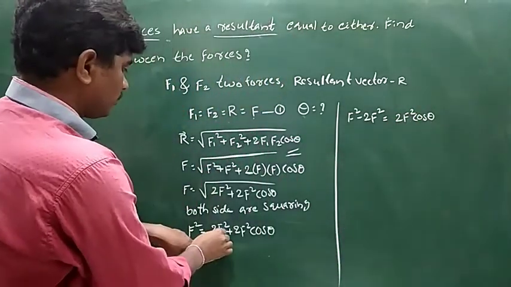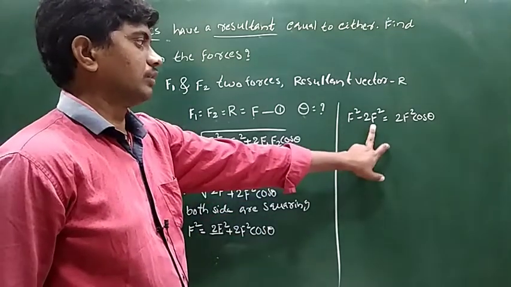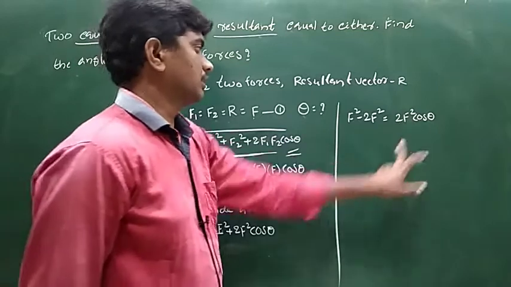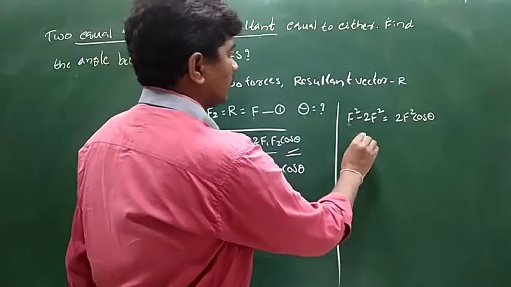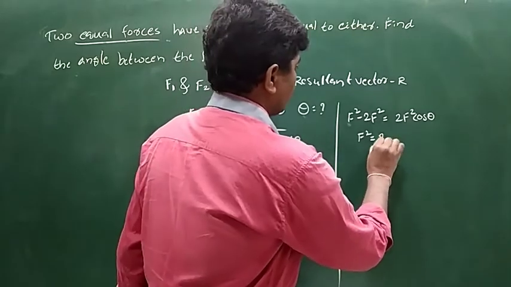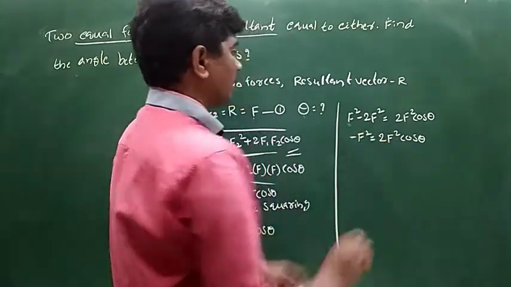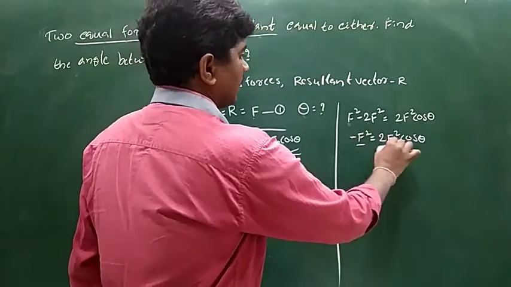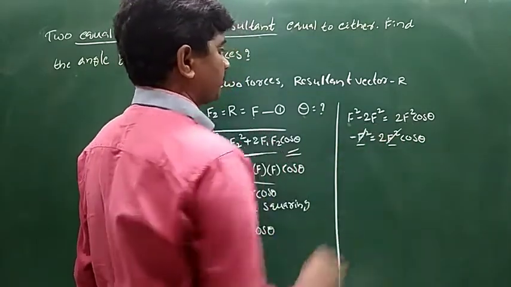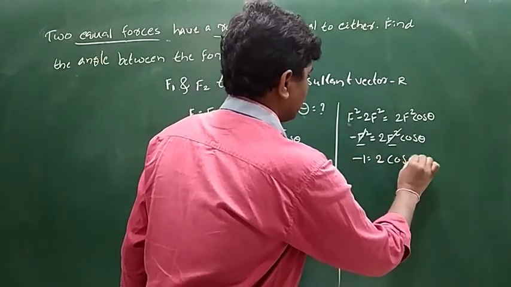The 2F square transforms into the LHS side. F square minus 2F square is equal to minus F square. So the F square cancels on the other side. Only minus 1 equal to 2 into cos theta.